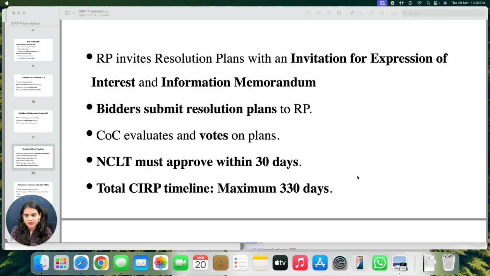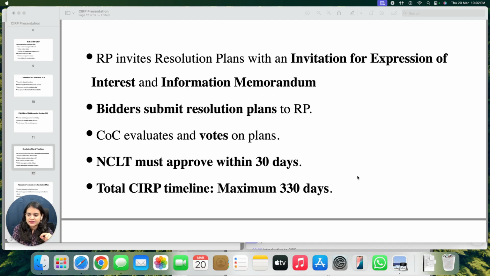Now, coming back to the actual resolution plan itself. Once the final list of resolution applicants is given out, the bidders may submit resolution plans to the RP. A minimum period of 30 days is provided by the RP to submit the resolution plans, and an extension also may be given if the COC permits.